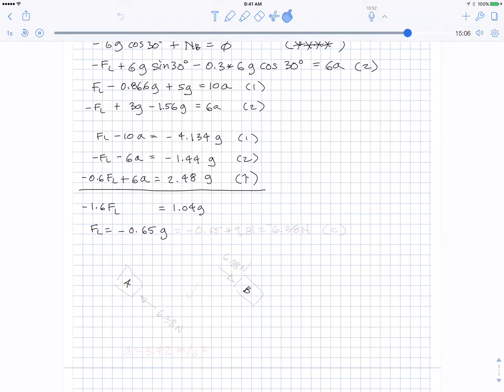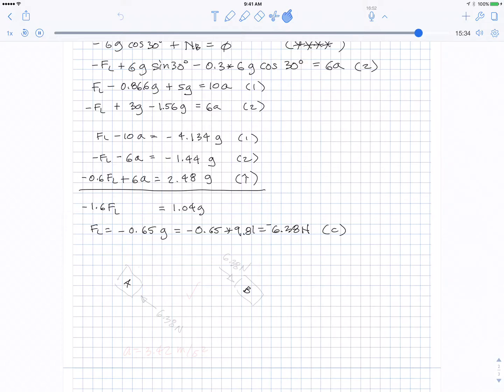This problem is in kilograms and meters per second squared, so minus 0.65 times 9.81 equals 6.38 newtons. So the force in the link is not in tension, it's in compression.